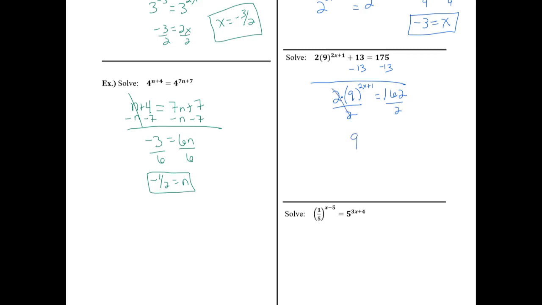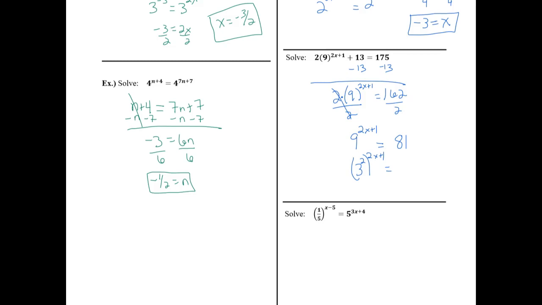Now I have 9 to the 2x plus 1 equals 81. Now these are both powers of 3, so they can be reduced to the same base. 9 is the same thing as 3 squared, and we're taking that to the 2x plus 1 power.